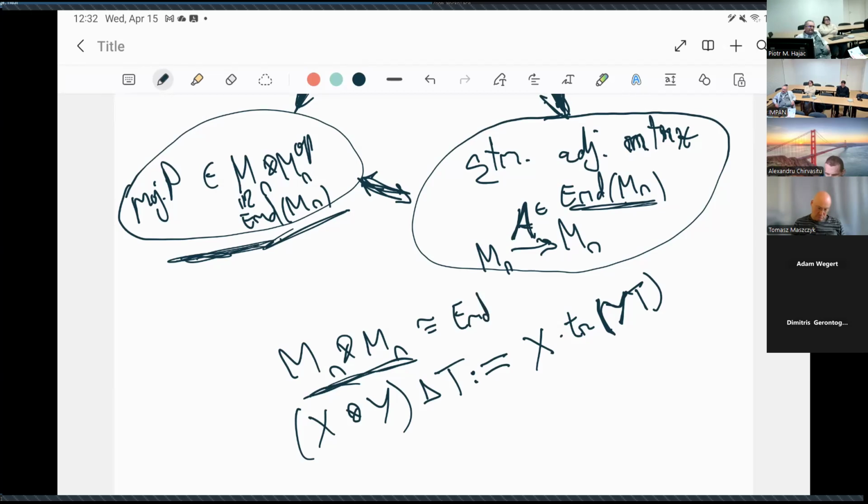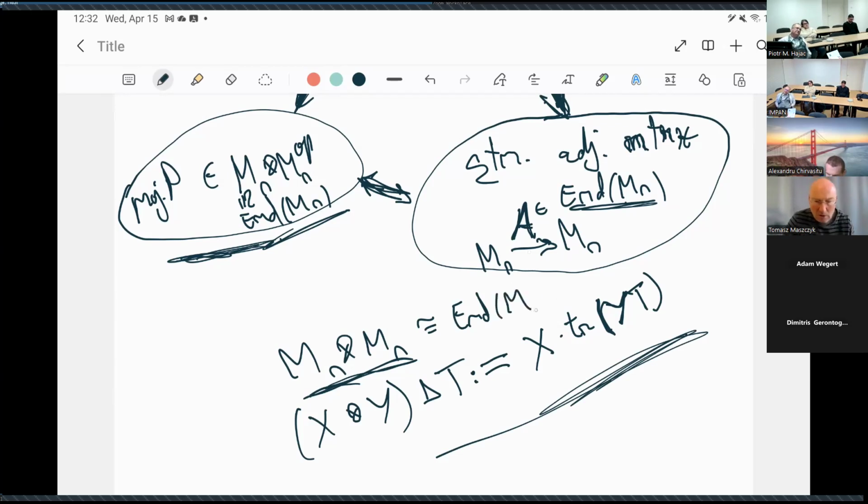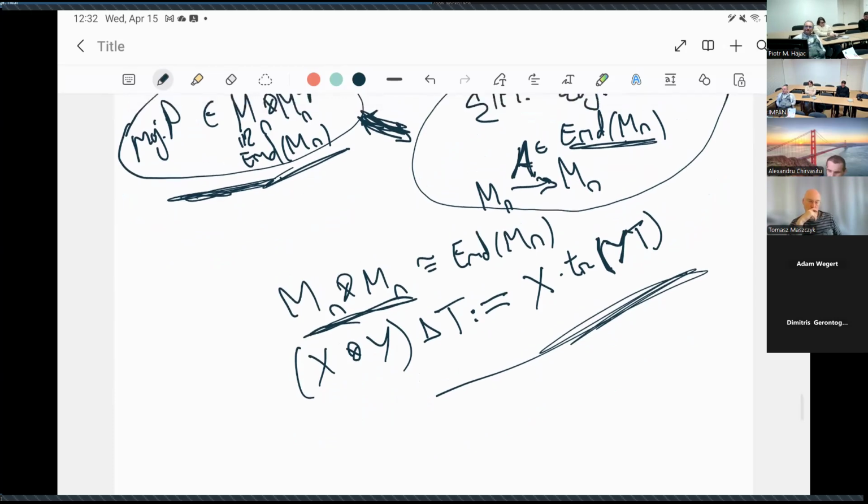So A is thought of as an endomorphism of Mn in this fashion via this identification. Yeah, so it's two pictures, a dual picture aspect of End Mn. So using these two identifications of End Mn, you can switch back and forth between P and A. You can get P directly from A and vice versa.